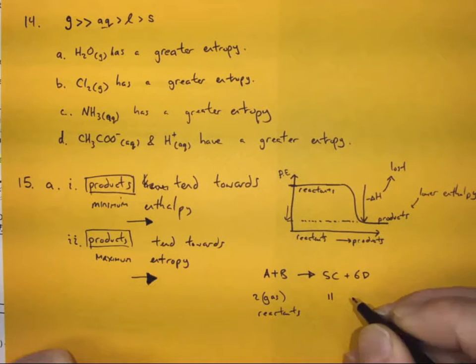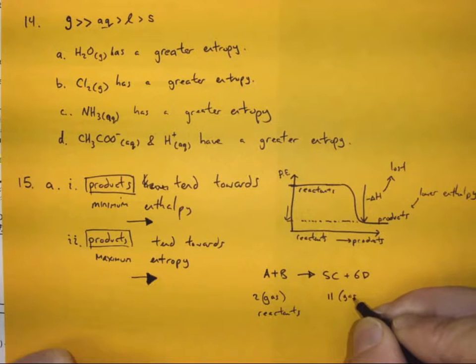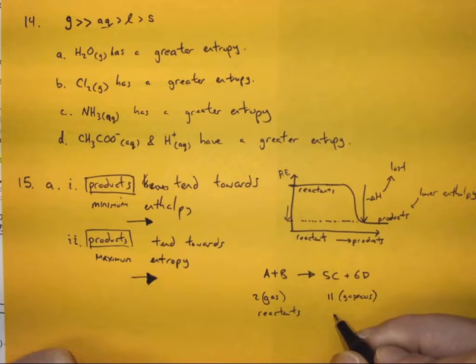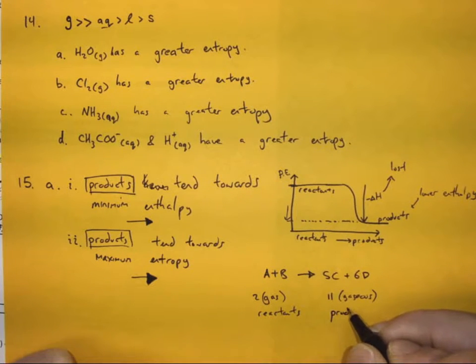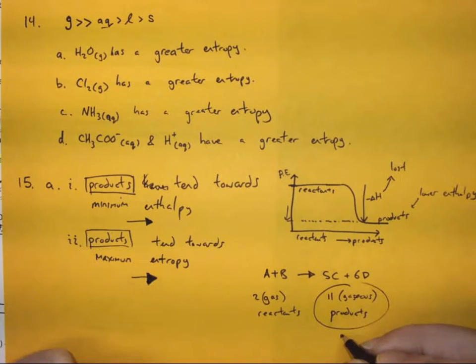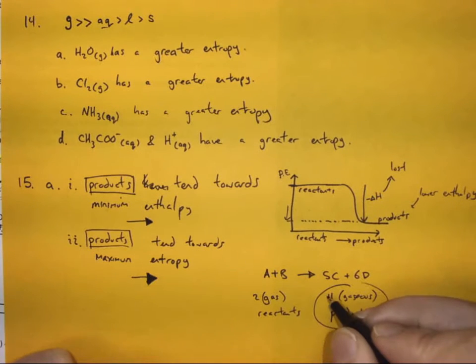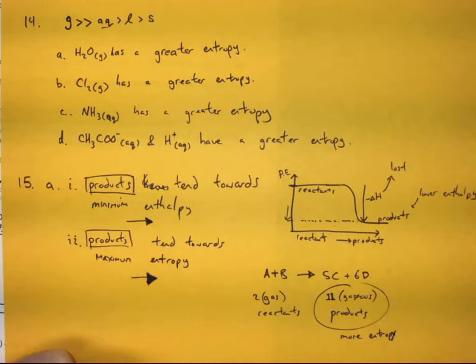We have 11 gaseous products. So this is more entropic, more entropy, higher entropy. I'm going to write 11 there to make sure we know those are numbers. There we go. Okay, cool. So that's how we go about this.